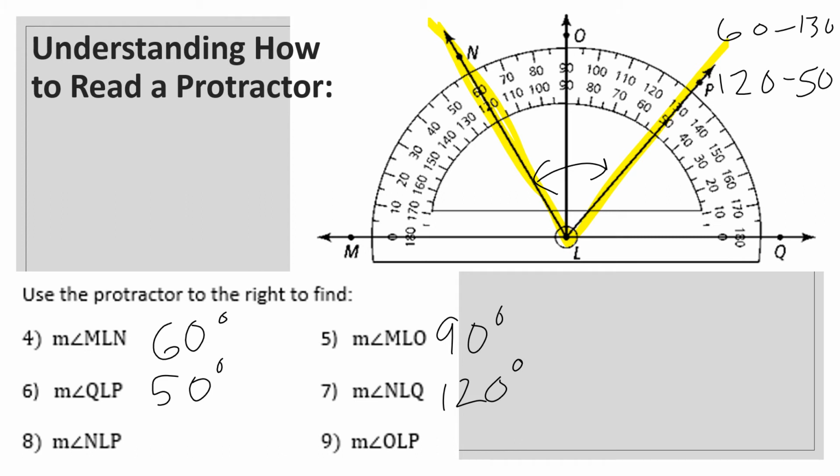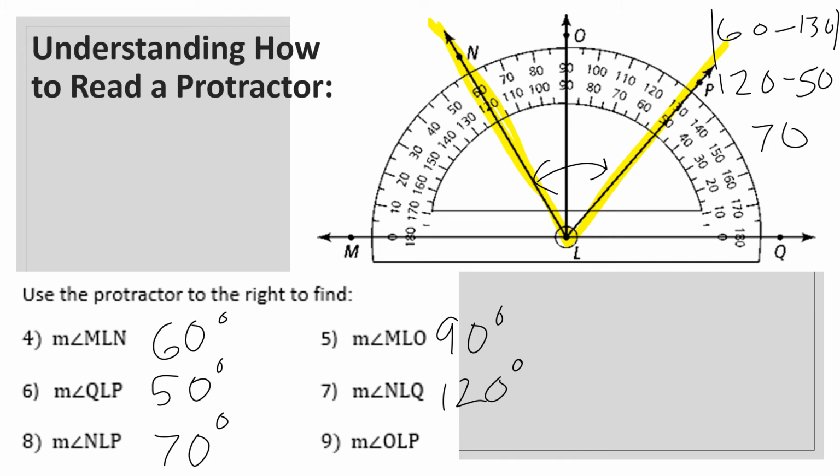Either way, it's kind of like the postulate that we used for line segments. You're just trying to find the difference in the numbers, and it has to be positive because angles are positive, the measures are positive. So if we go 60 minus 130, that's going to be a negative 70, which means it's positive 70, and 120 minus 50 is also 70. So that means that the angle measure of NLP is 70 degrees.